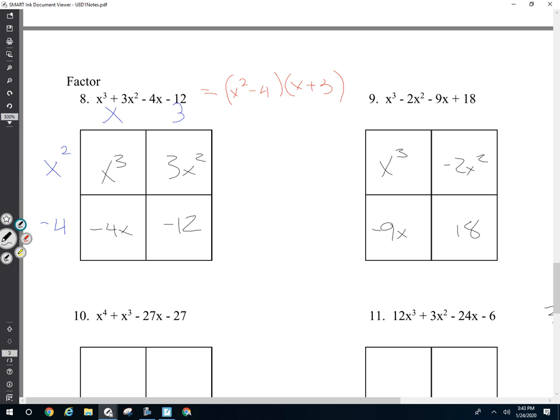Okay, ready? I get an x, I get a 2, I get x squared, and I get a 9. No. Why wouldn't you do negative 2 and negative 9? I'm not done yet. Because 9 gets pulled out of 9x and 18, right? 2 gets pulled out of 2x squared and 18, right?